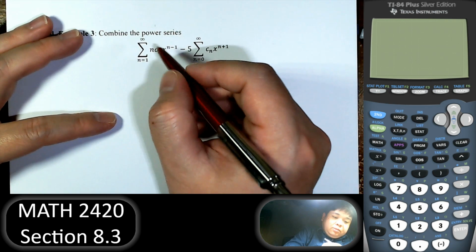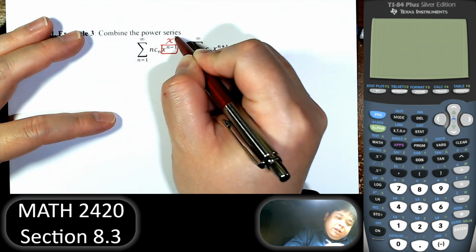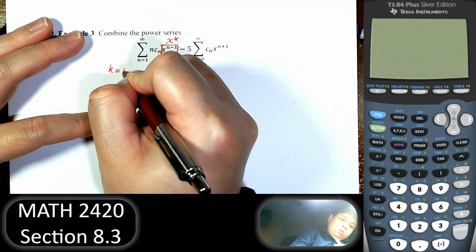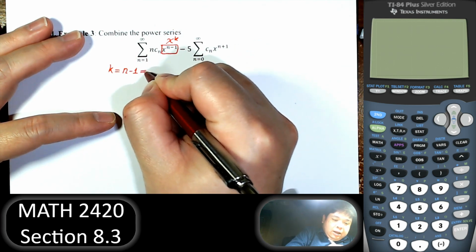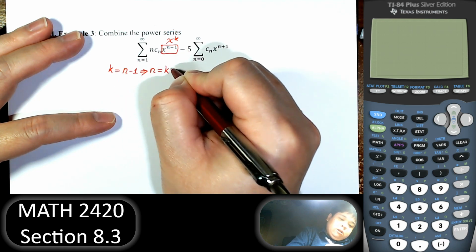Right. First, of course, we'll take care of this. Turn that into x to the k. To do that, we will let k equal to n minus 1. And with that, n is equal to k plus 1.